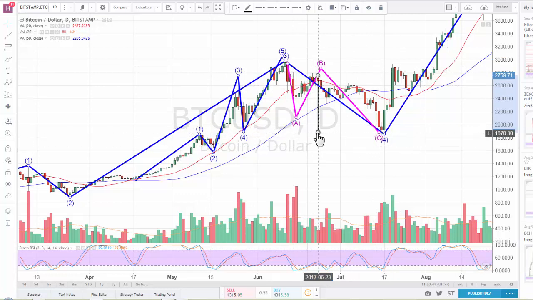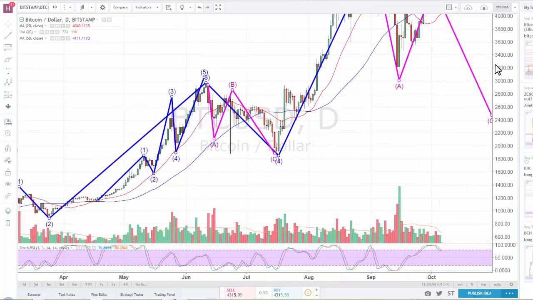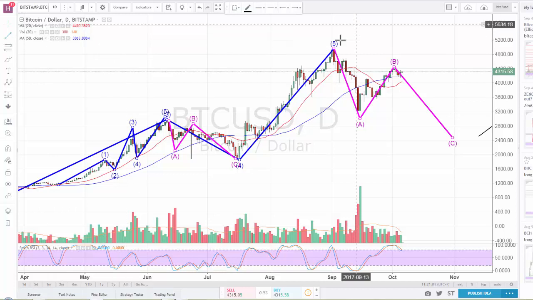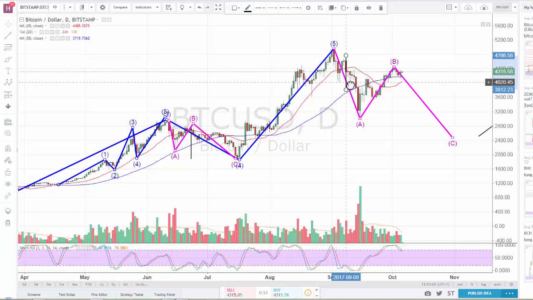And as we can see, where this stick finishes, it's at the same horizontal level as this low here. So this is an actual ABC qualifying pattern. But what we have here cannot be an ABC, because the vertical distance from here to here is obviously too different from the vertical distance from this point to this point. It needs to be something close.